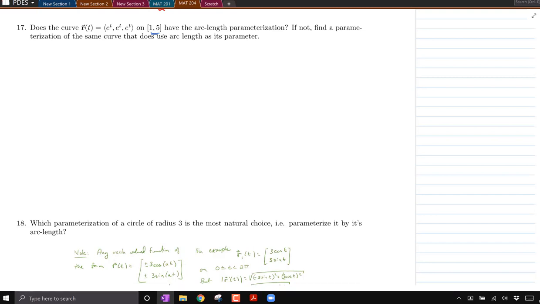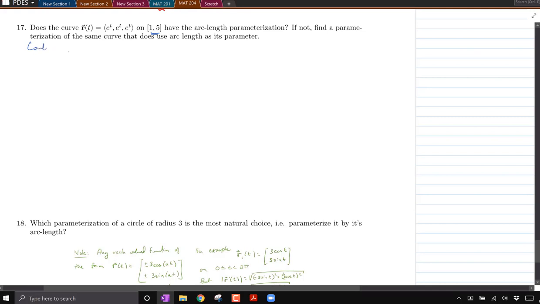So one thing we could do, folks, is we could go ahead and compute the integral from 1 to 5 of the magnitude of the derivative of our position function, the speed, and then check to see if the answer is 4.